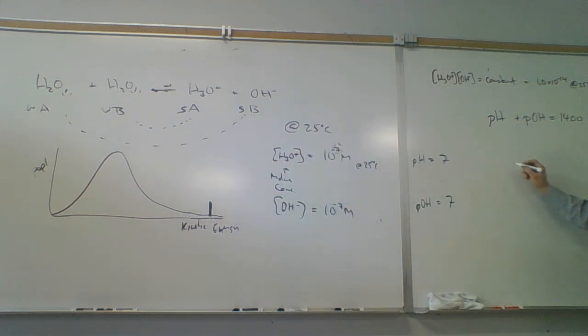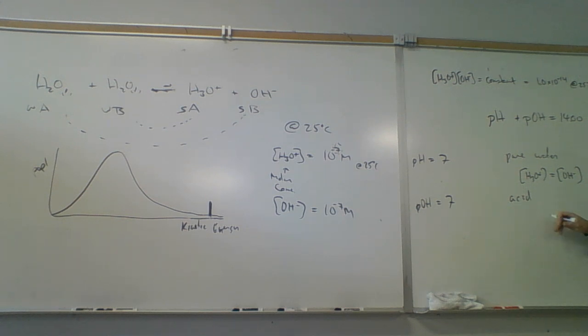So what happens is this: in pure water, the H3O plus concentration is equal to the OH minus concentration. That's pure water. In acid solutions, acids, what do acids make, H3O plus or OH minus?